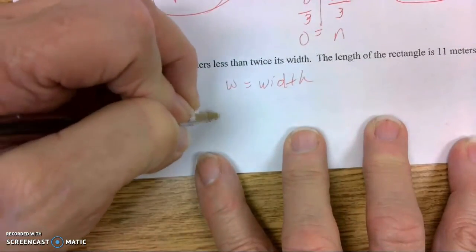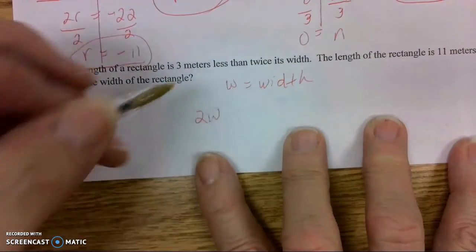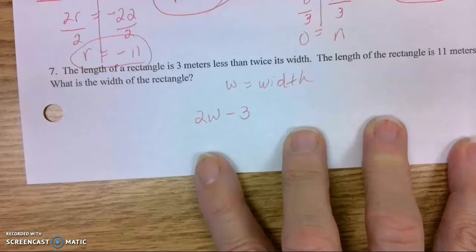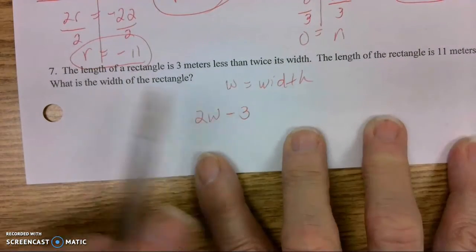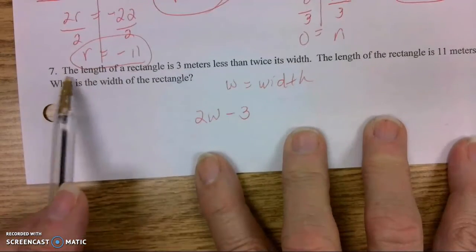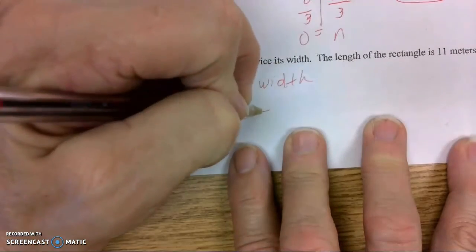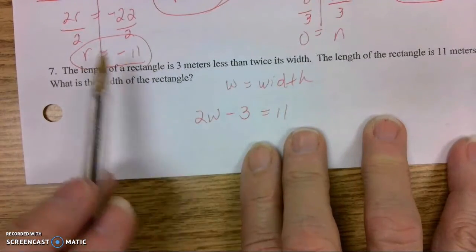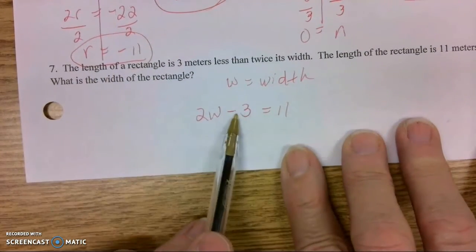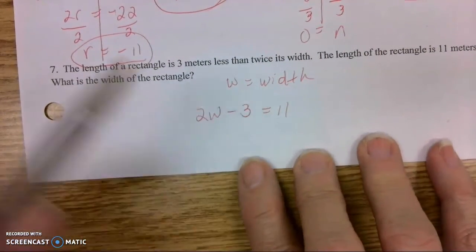So twice would be 2W. 3 meters less would be minus 3. My length is 11. I'm telling you what the length is. So 2W minus 3 equals 11. The length of the rectangle, 3 meters less than twice its width.